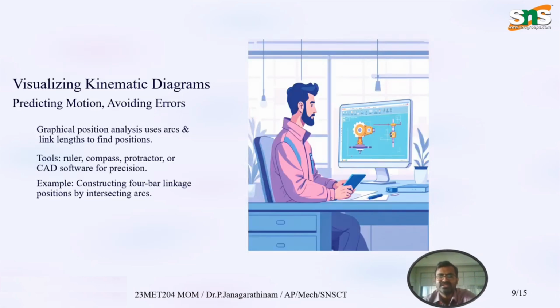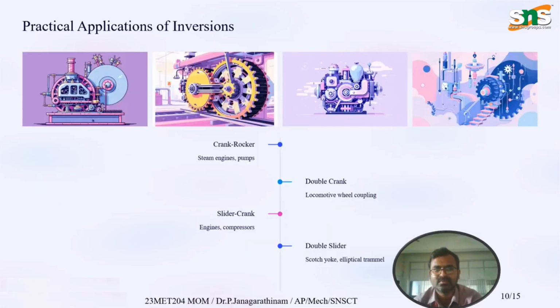Next is visualizing kinematic diagrams, predicting motion and avoiding errors. Here we use the relative motion method and construct the diagrams, and we also use computer aided tools, computer aided design software, to develop these designs.